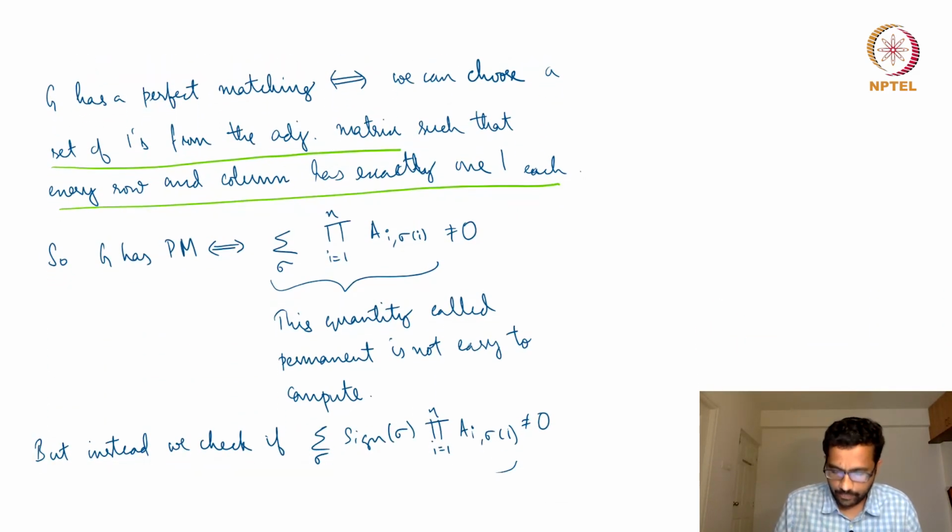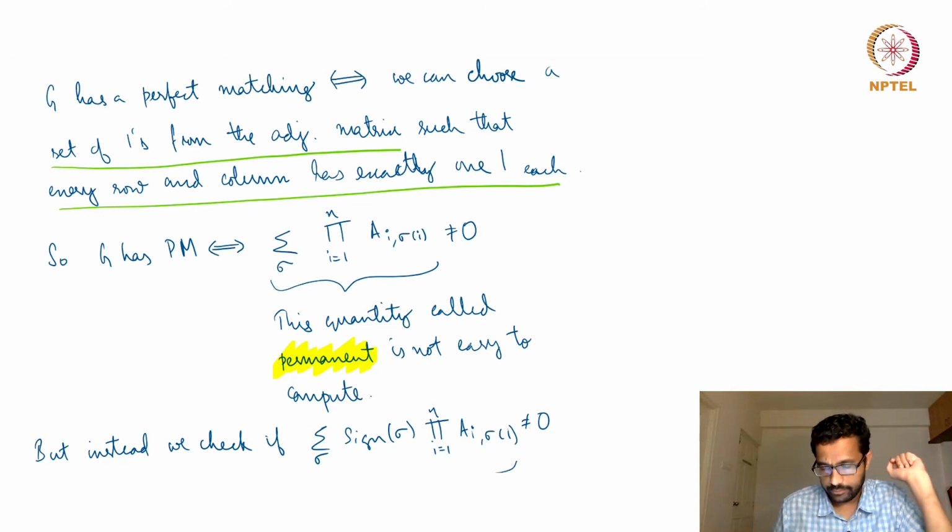So the existence of the perfect matching corresponds to this quantity not being 0, and this quantity is actually a well-known quantity of a matrix called the permanent. Again, this name is not important right now, but we will see in the upcoming lectures or in the upcoming weeks that the permanent is not something that is easy to compute.